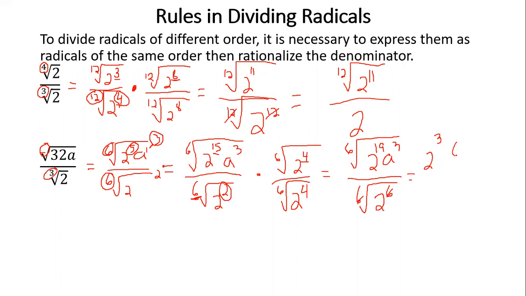So, 6th root of 2. Ayan. Ilan na lang naiwan? So, yung 19 po, dinivide po natin ng 6. So, that gives us 3. Remainder, 1. Okay, nag-divide po tayo nun. So, just to show you, 19 divided by 6. Okay, the answer is 3.